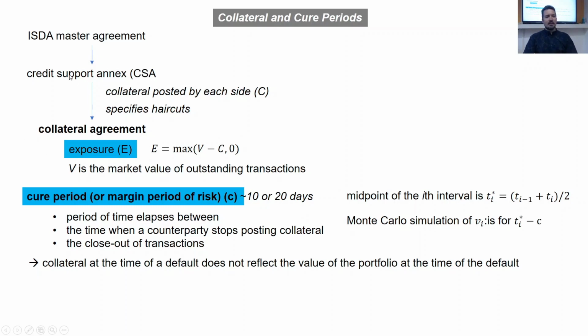And inside this credit support annex we can find the collateral agreement, so the level of exposure will be something like this: the market value of the outstanding transactions minus the collateral, and practically the maximum of that and 0. It can be 0, or it can be this number when we are increasing above, or falling under, the collateral. Or if they are the same, then it will be 0.